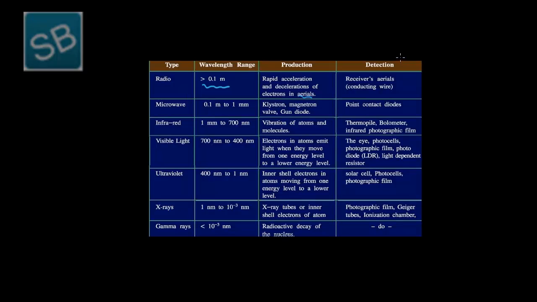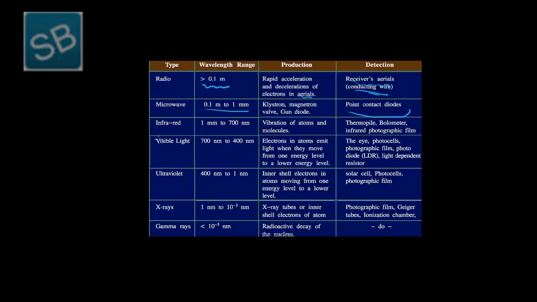How can you detect such radiation? You can detect it from receiver aerials, that means conducting wire. Then comes microwave, having a wavelength range of 0.1 meter to 1 millimeter. The production can be done by generators such as klystron, magnetron valve, Gunn diode, etc. And how can you detect it? By using a point contact diode.